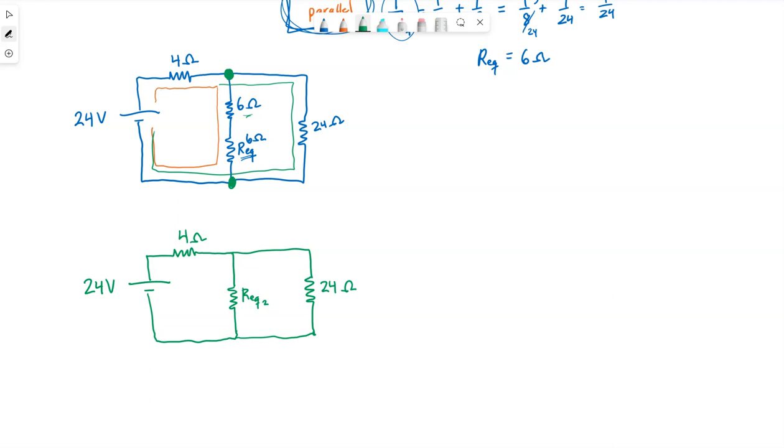R equivalent 2 is for the 6 ohm and 6 ohm in series. They're in series because if I choose to come through this middle branch, I must pass by both 6 ohm resistors. Consulting my test notes, when resistors are in series, I can simply add the resistor values up. So 6 plus 6 is 12 ohms.